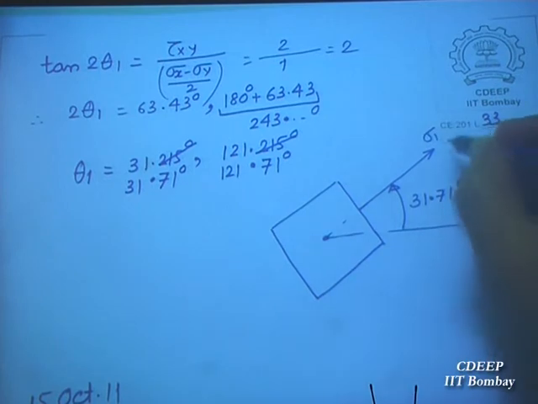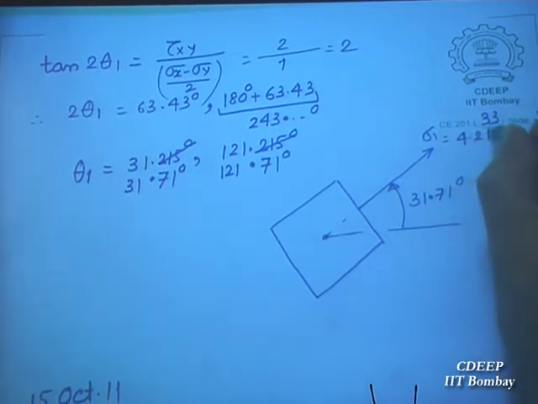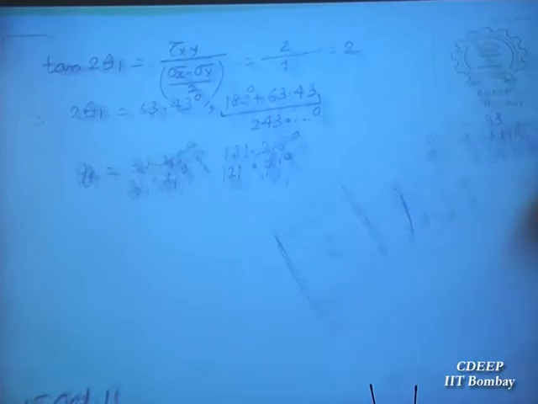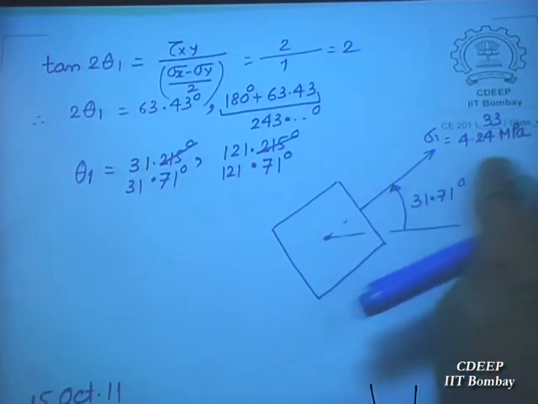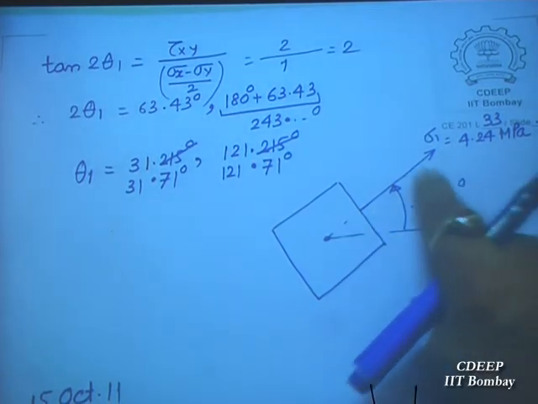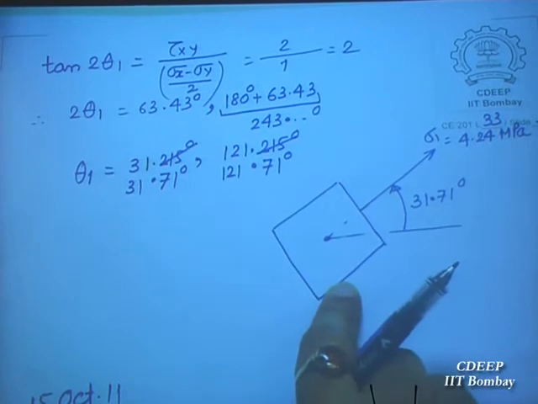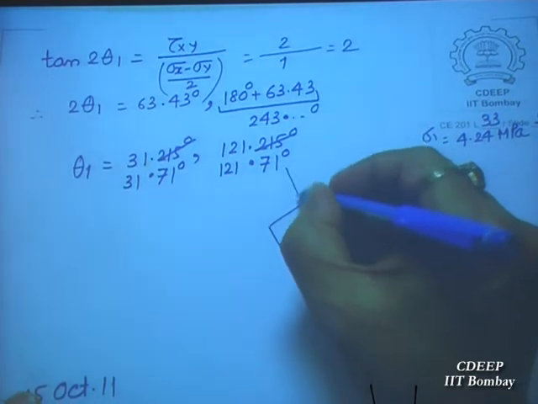So this one is 4.24 MPa. You will have to check that for this angle, this is the corresponding value. This is positive, because first 4.24 is a positive stress, sigma 1. The other one is negative.